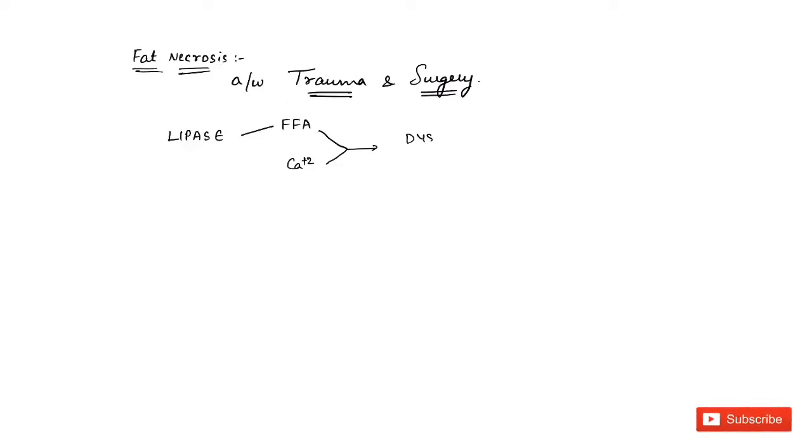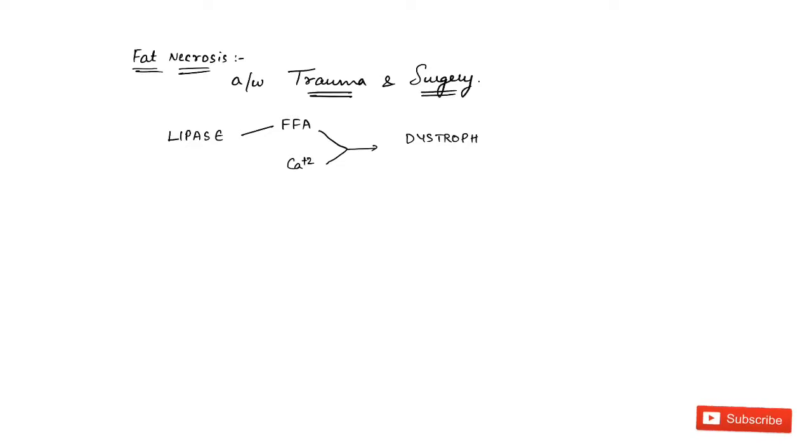Fat necrosis is mainly associated with trauma and surgery. During a surgical or traumatic condition, the breast tissue may undergo fat necrosis, and due to the enzyme lipase, the fat is divided into free fatty acids and the extracellular calcium present, and these both unite to form dystrophic calcification.